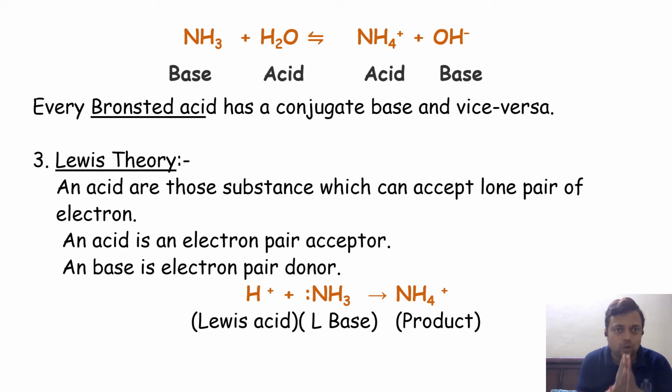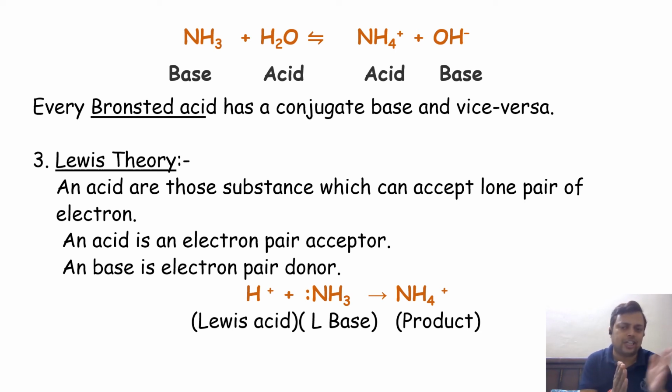The last concept is the Lewis theory. According to the Lewis theory, acids are those substances which can accept a lone pair of electrons, and bases are those substances which can donate a lone pair of electrons. So the electron acceptance and donation property is explained by the Lewis theory.